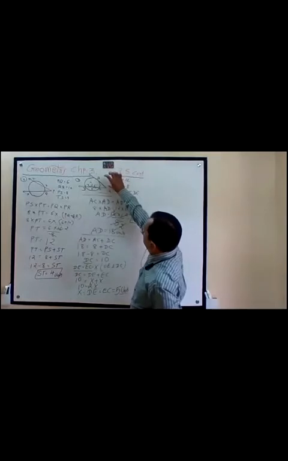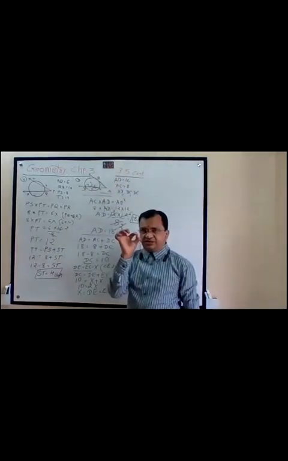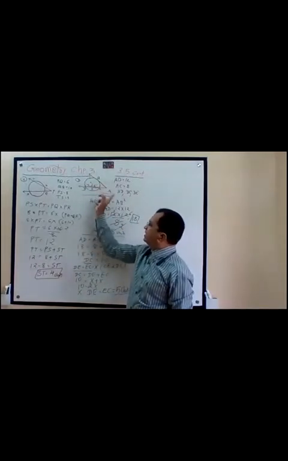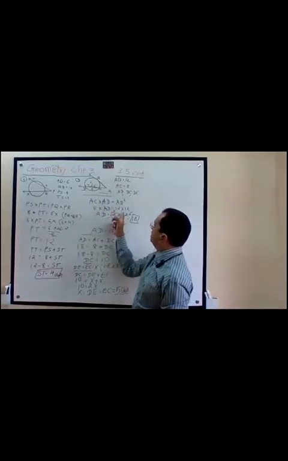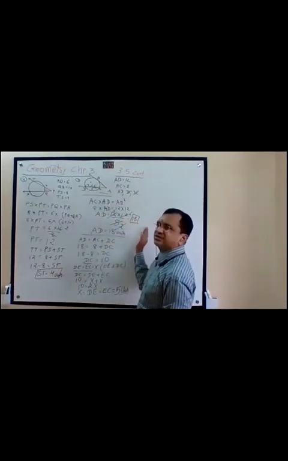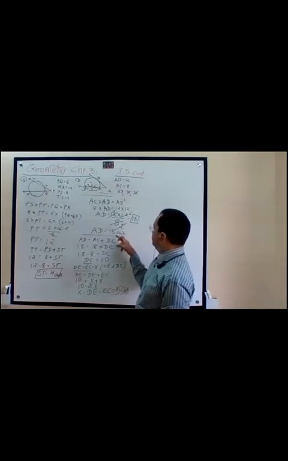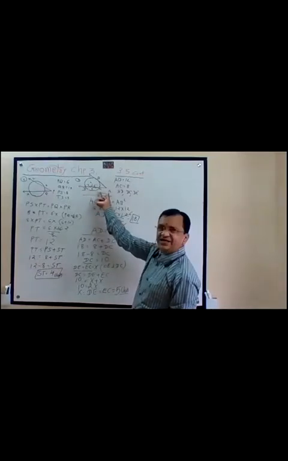Again, AB square is equal to AC into AD from the intersection. AB into AB, AB square, AC into AD. AC given, AB given, third not given. 12 into 12, 144 divided by 8 is equal to 18. 18 eights are 144. 18 units. Total is 18. This much is 8.